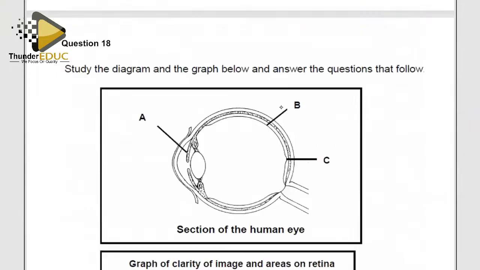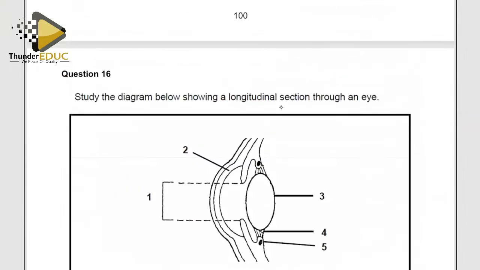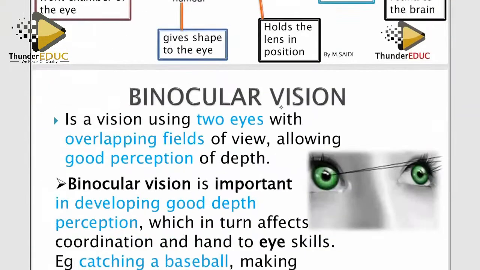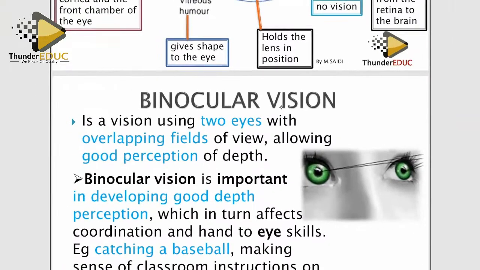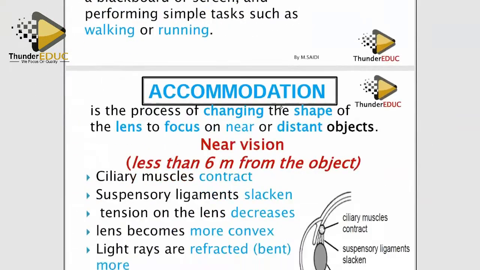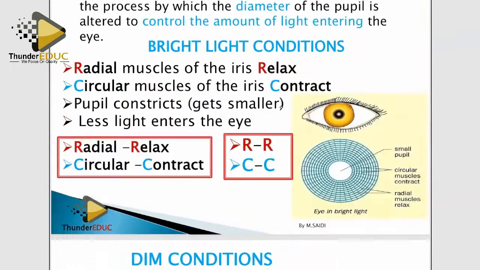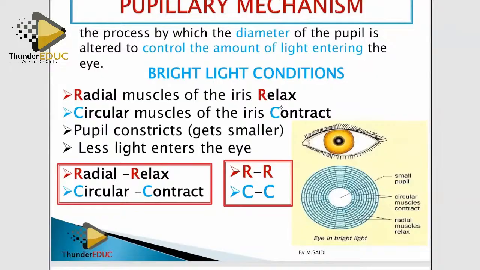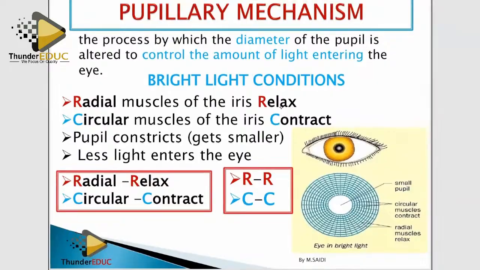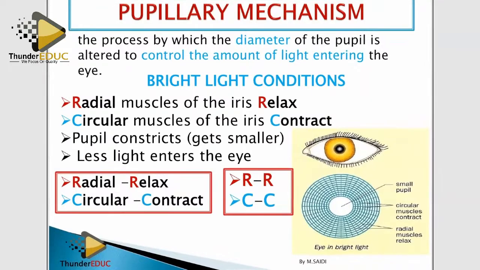So now we need to know what we call pupillary mechanism. When you look at the pupillary mechanism, don't forget that this is also a revision, but let's just do a recall of it.